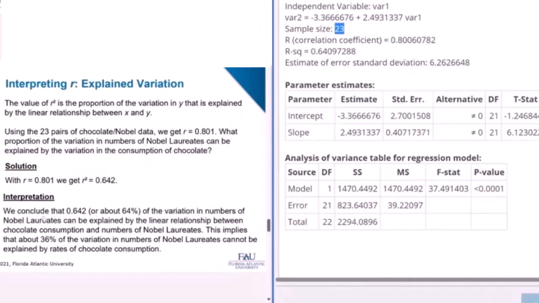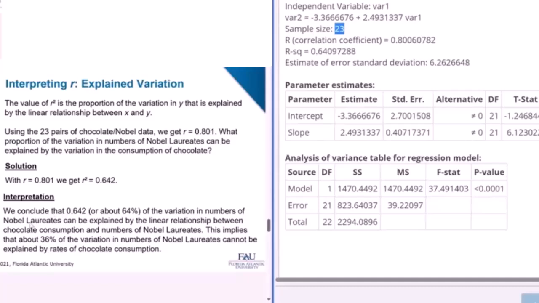The value of R squared is the proportion of the variation in Y that is explained by the linear relationship between X and Y. Using the 23 pairs of chocolate Nobel data, we get R equals 0.801. What proportion of the variation in numbers of Nobel laureates can be explained by the variation in the consumption of chocolate? When we square it, it's 0.642.